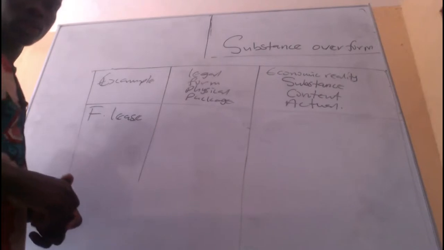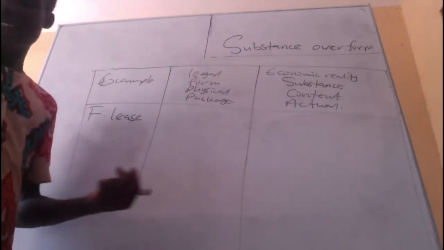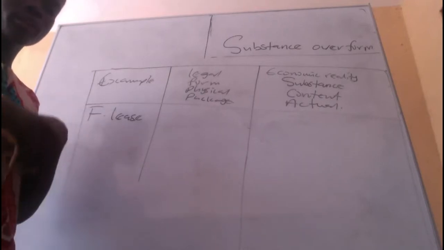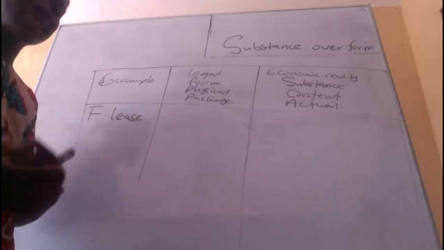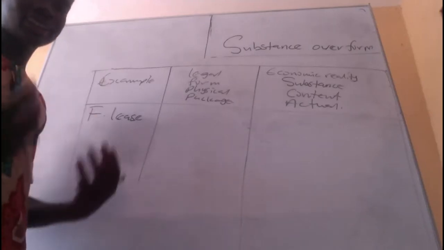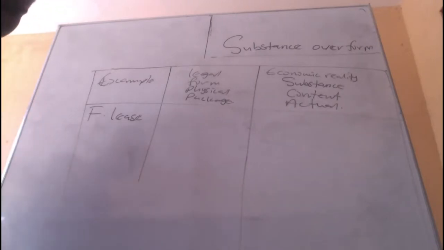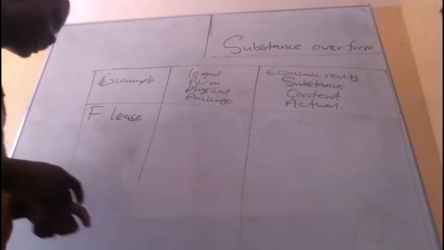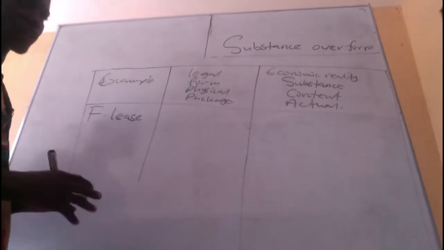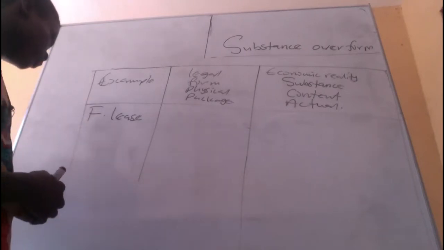Finance lease. A lease is where we want to use a piece of asset or equipment but we don't have the outright money or instant cash, or the ability to acquire the asset instantly, but we can pay merely the annual rental. Assume that you want an office building, a permanent structure to use for your business operation.